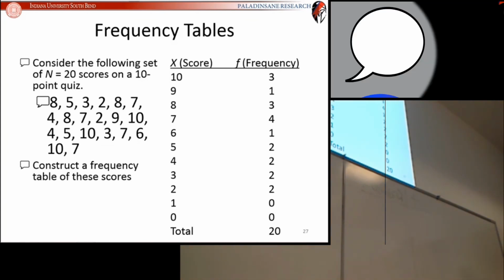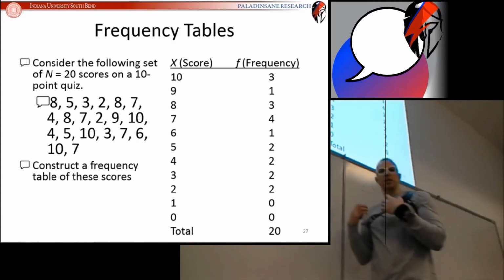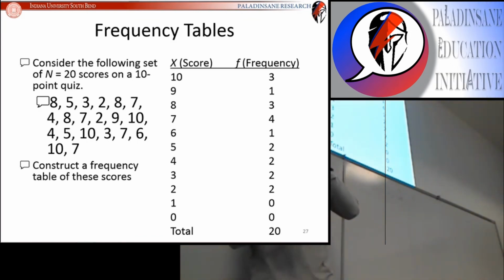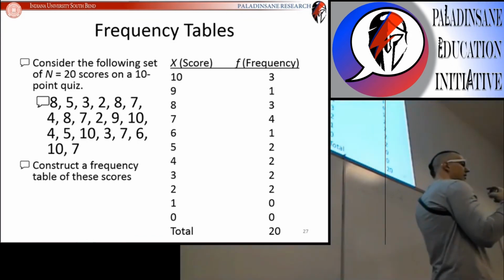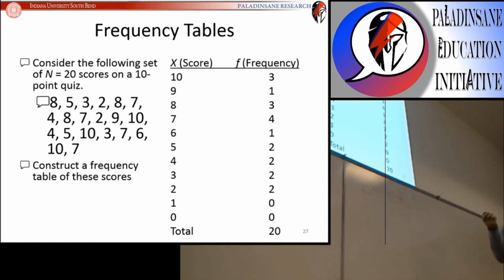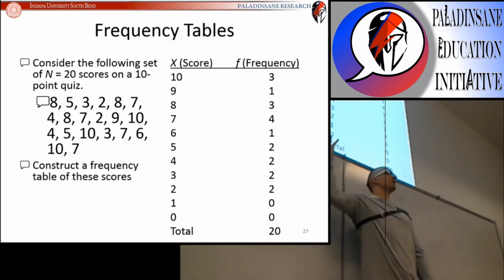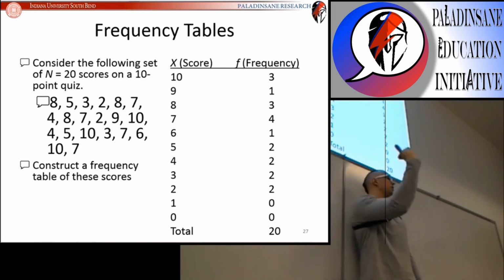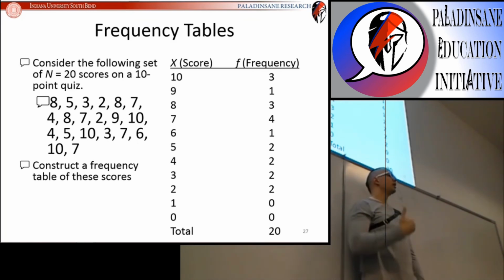All right, other things that you can do with this is you can answer questions that would be much more difficult to answer with just a random assortment of numbers like this. For example, I mentioned before that if I was giving this test, I might decide that people that scored 6 out of 10 or lower need to attend a tutoring session in order to improve their skills.